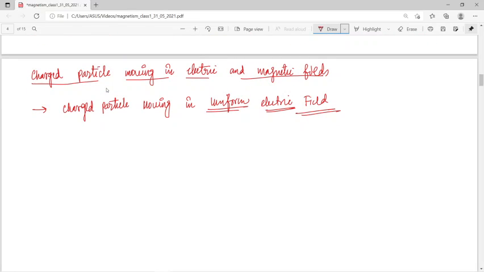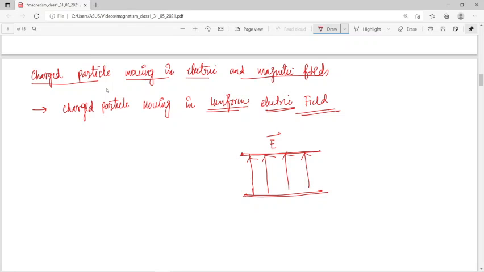So we are considering a uniform electric field E that is set up between two oppositely charged parallel plates. If we consider this as the parallel plates, the uniform electric field will be set up like that.